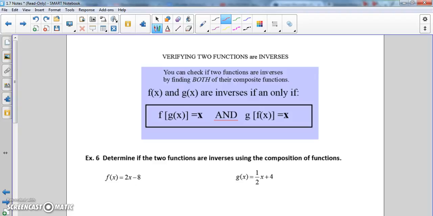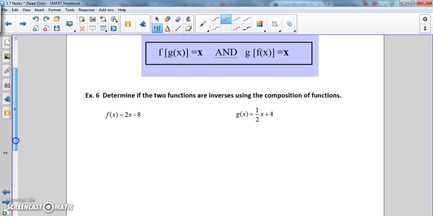So if you notice here, it says you can check if two functions are inverses by finding both of their composite functions. f of x and g of x are inverses if and only if f of g of x simplifies down to x and g of f of x simplifies down to x.